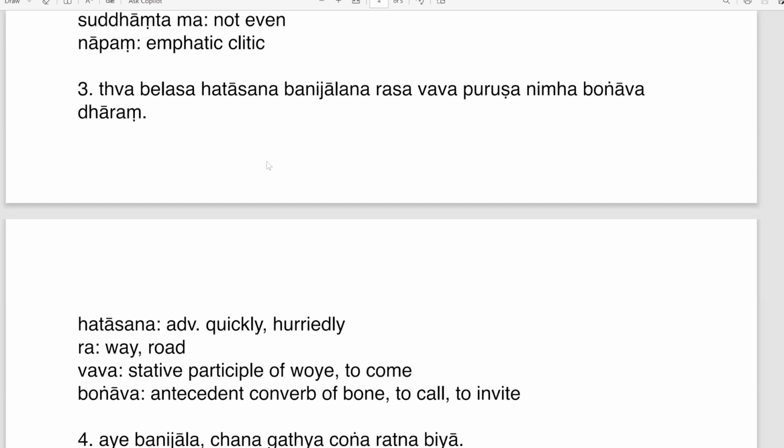Yes, and plus ergative. And Rasa, on the road. It's road plus locative. Yes, and the verb, stated participle, for years.